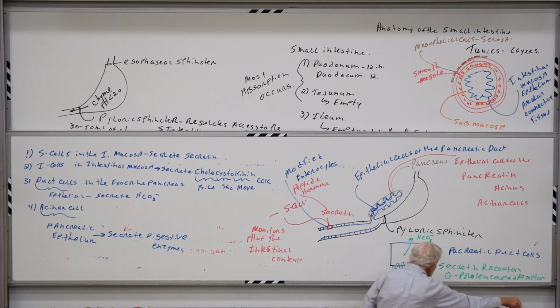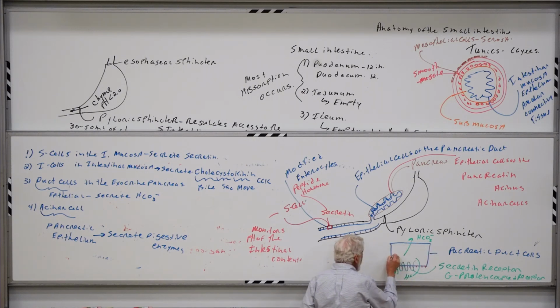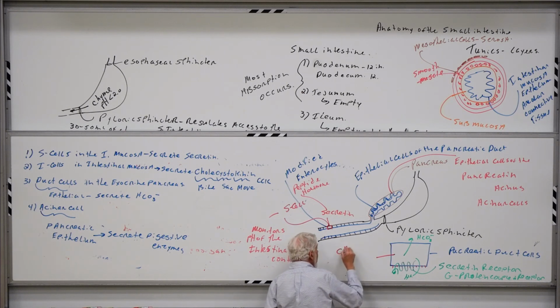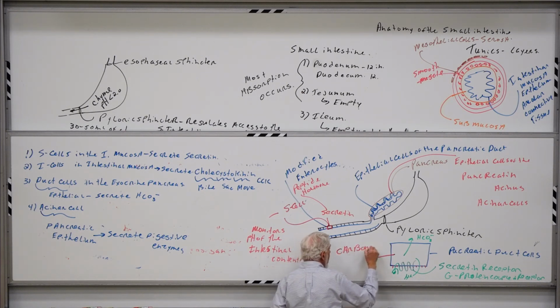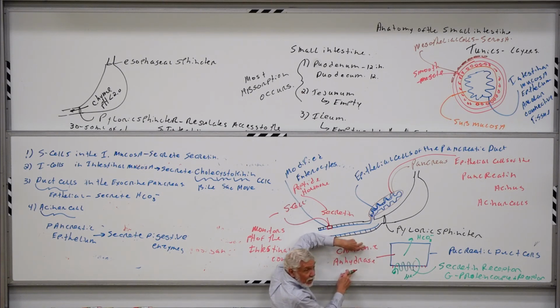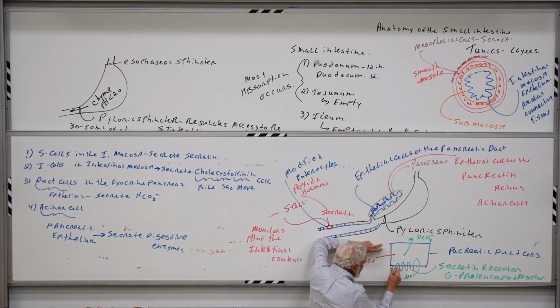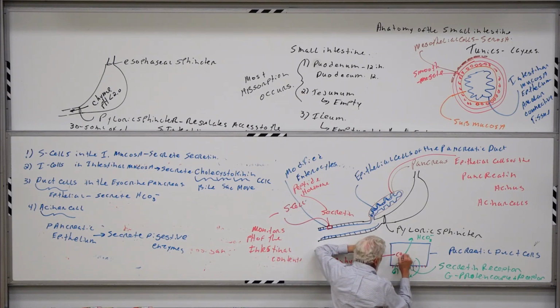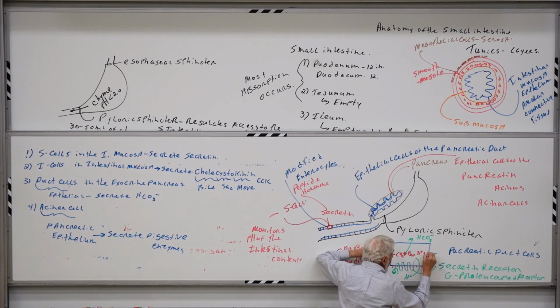Here in the cytoplasm of this cell is going to be carbonic anhydrase. And when the secretin binds this G protein coupled receptor, it again increases the activity of the carbonic anhydrase. And the carbonic anhydrase here is using carbon dioxide and combining it with water to generate a hydrogen ion and a bicarbonate ion.